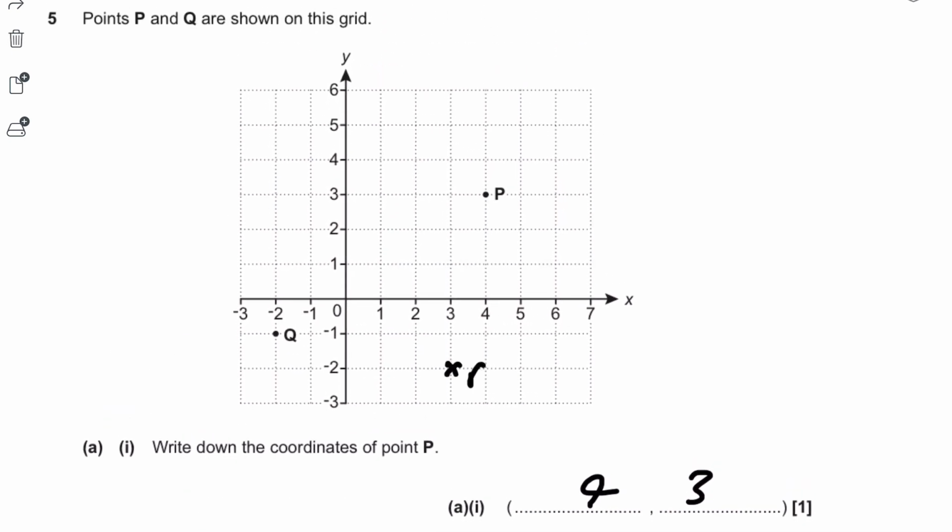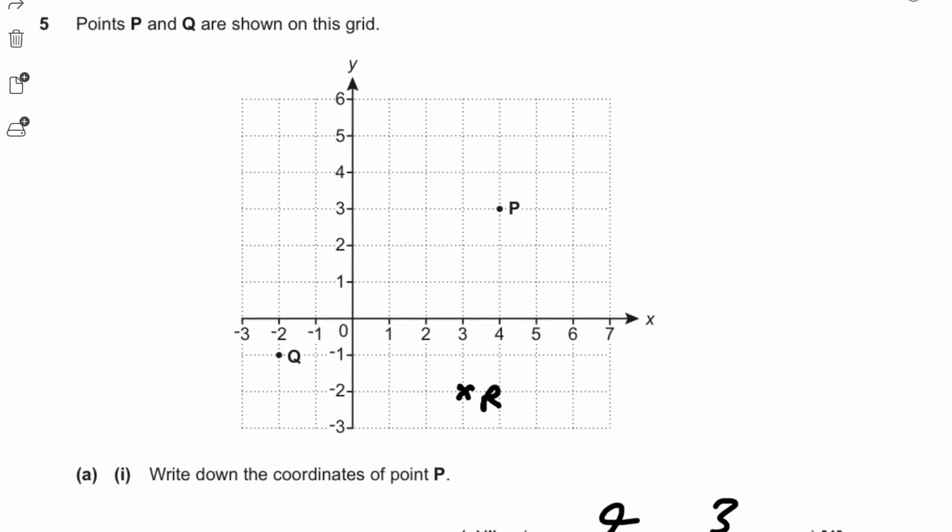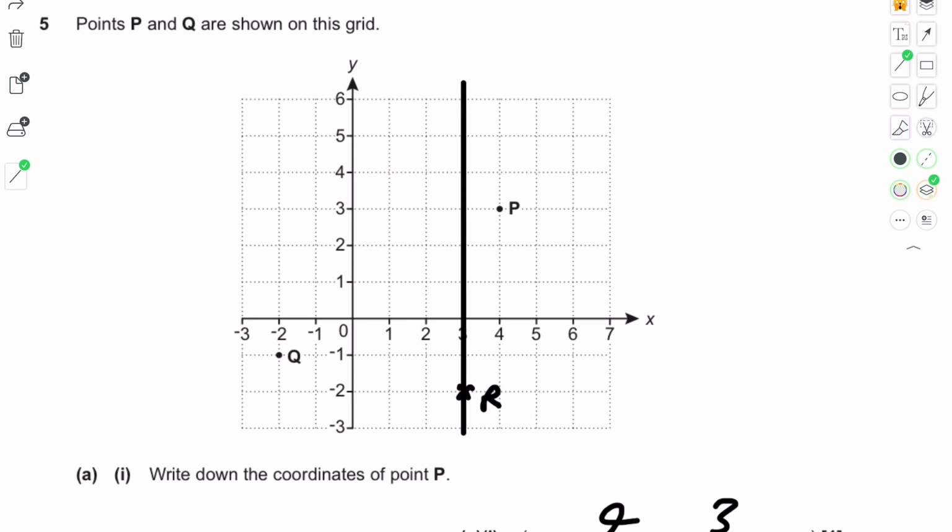This is R and y equals 3. That would just be this line here.